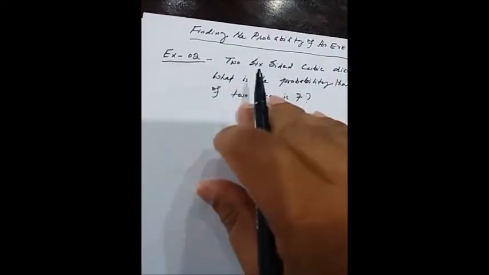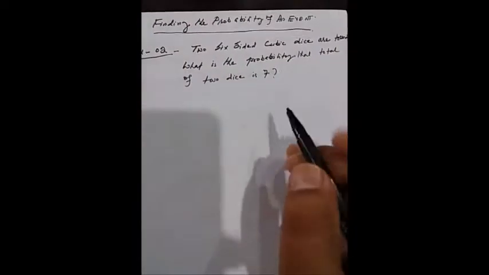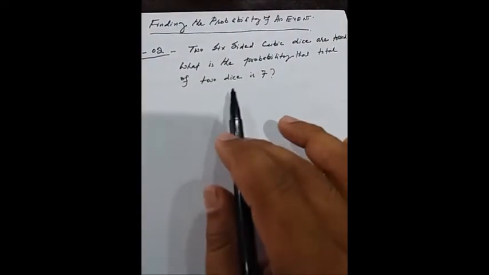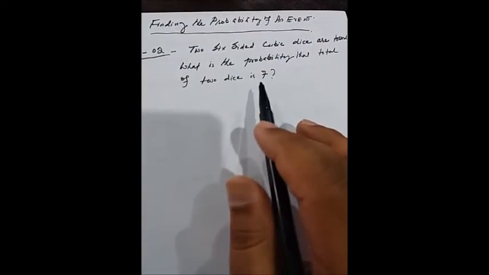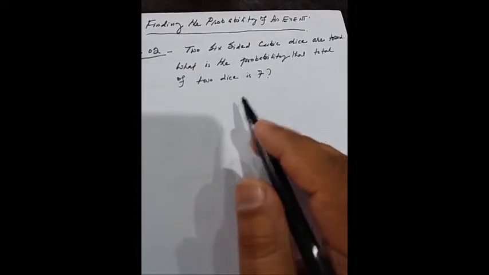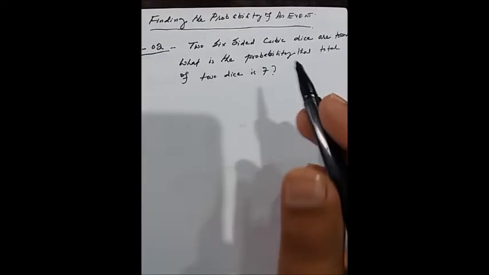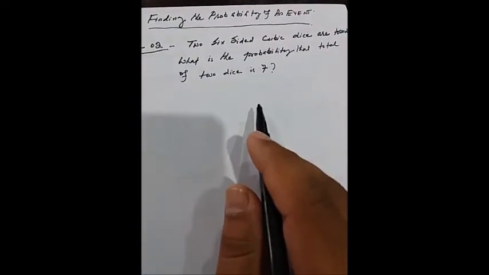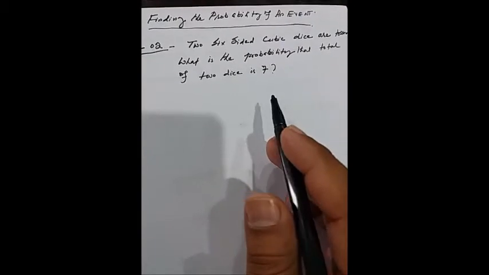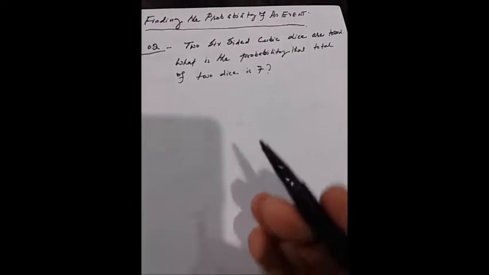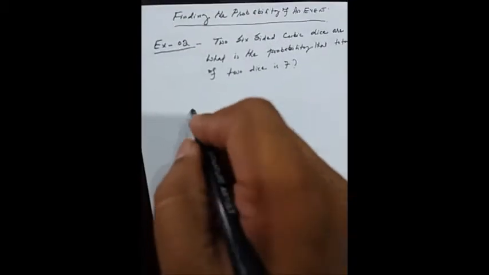So this is basically the problem. How can we get 7 from rolling the two dice? What are the possibilities of getting 7 from the two dice? Now the solution.